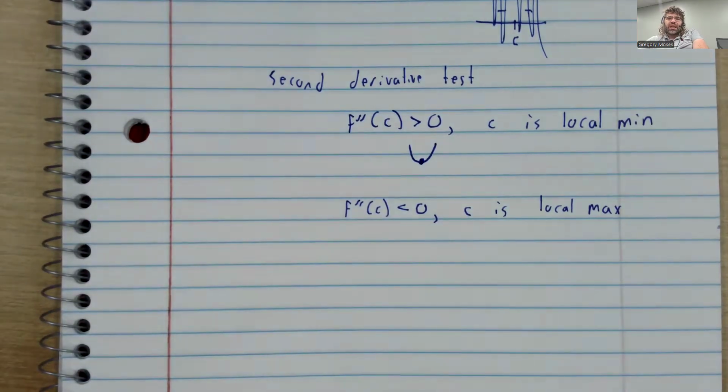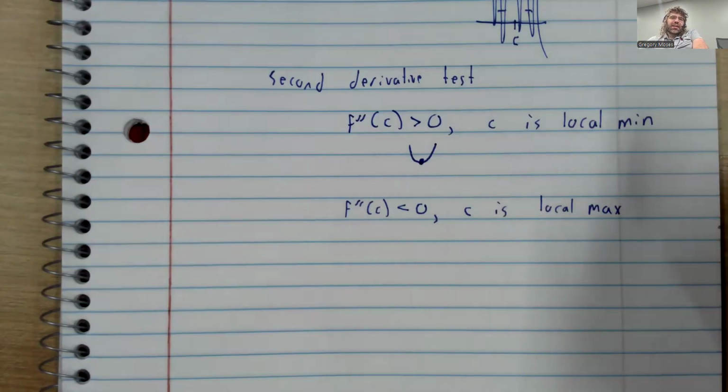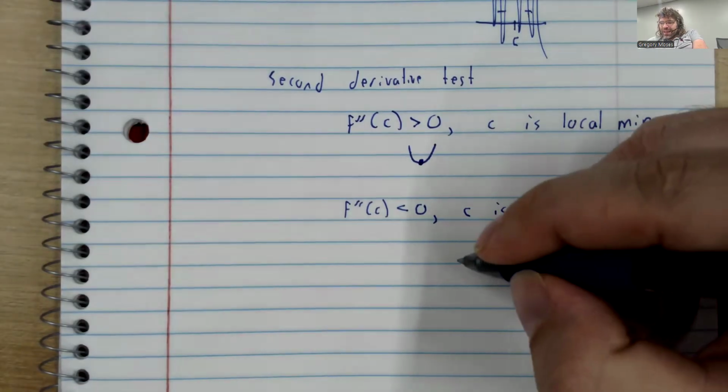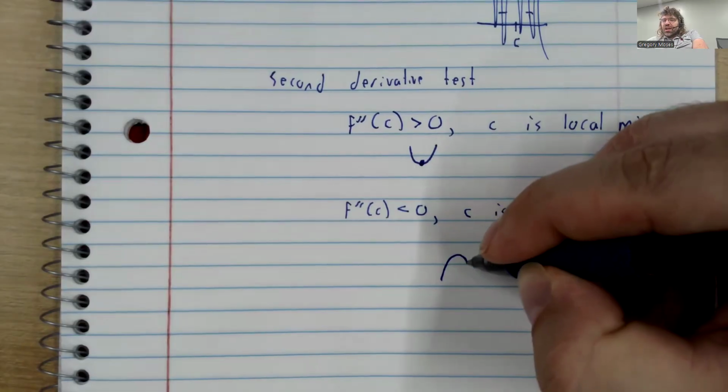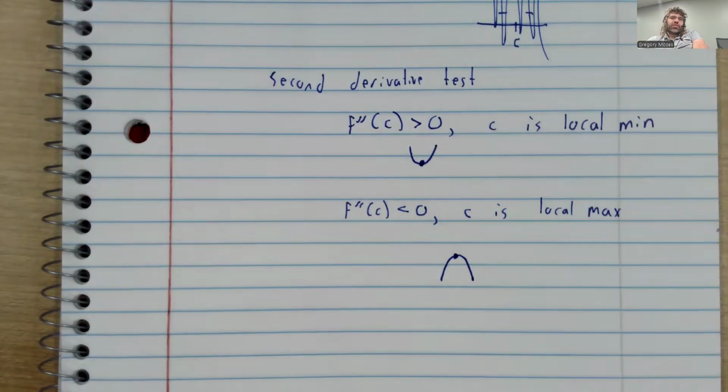It's a local min. Whereas if the second derivative is negative, we're concave down, we've got our upside down bowl, which has a local max.